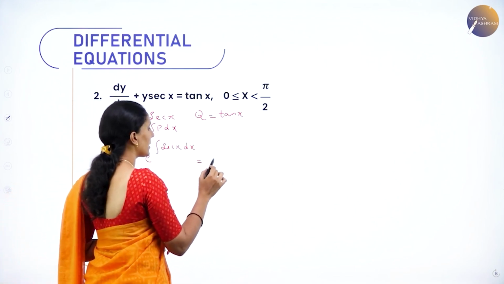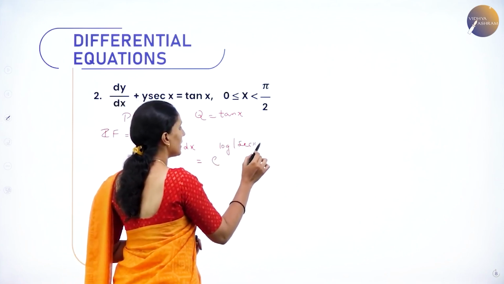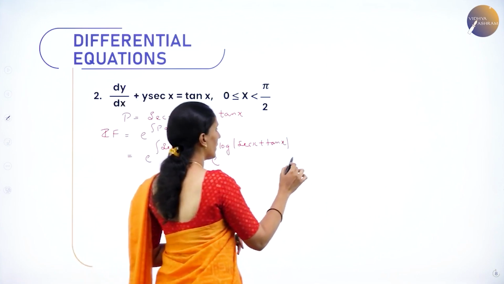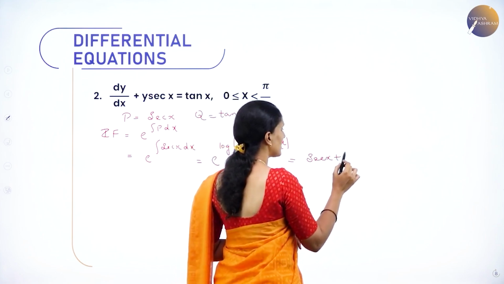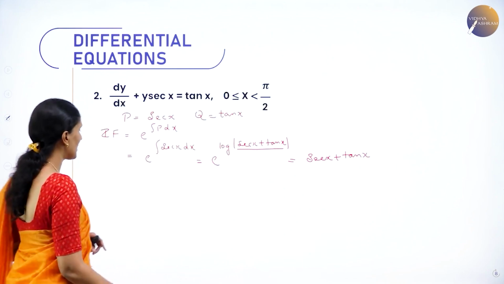We know that integral of secant x is log of modulus secant x plus tan x. So therefore e power log, you can write the value directly. So this is secant x plus tan x. So therefore my integral factor is now secant x plus tan x.